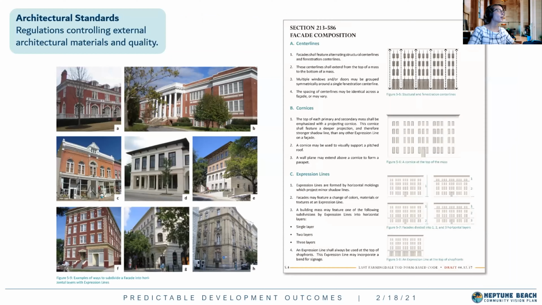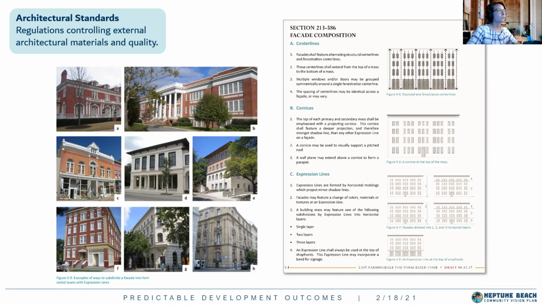Here's an example of what the architectural standards could look like. You can be very explicit about the actual architectural styles that are permitted, but you can also get very specific into the actual expression of the building, with center lines and different expression lines and cornices, and exactly the type of building that will result.